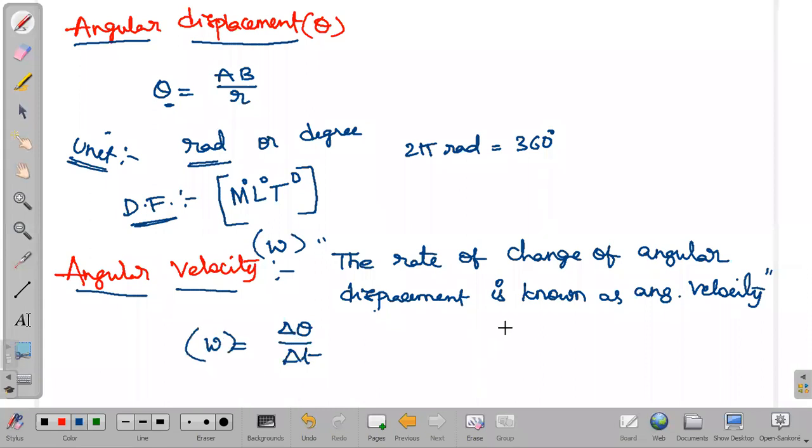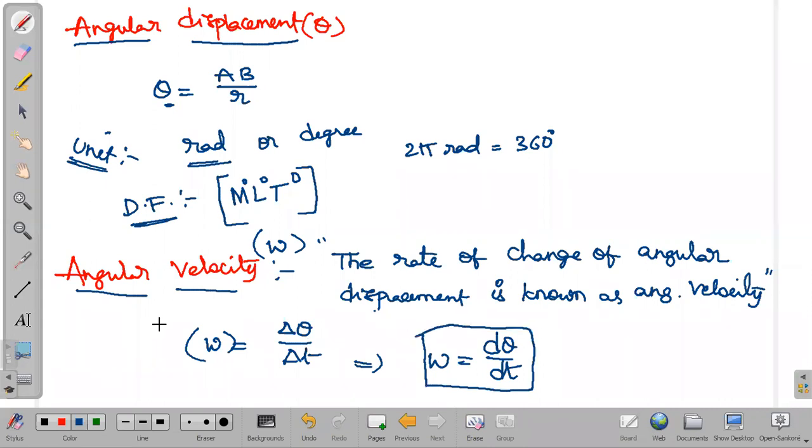If we write in terms of differentiation, as we learned previously, for a very small angular displacement in a small interval of time, we can write d theta by dt. This is angular velocity.